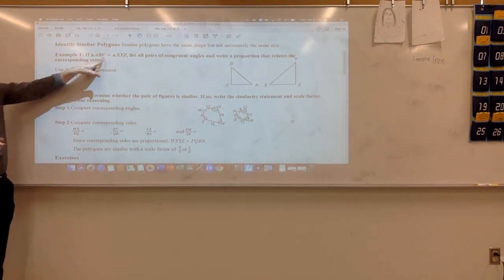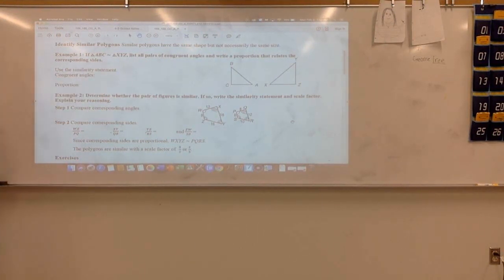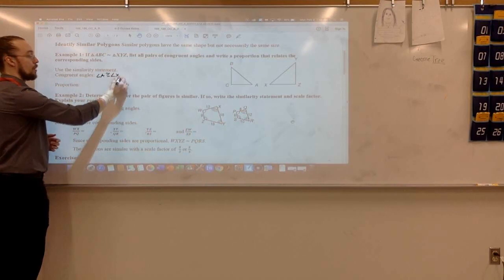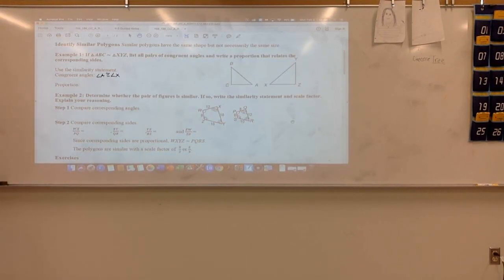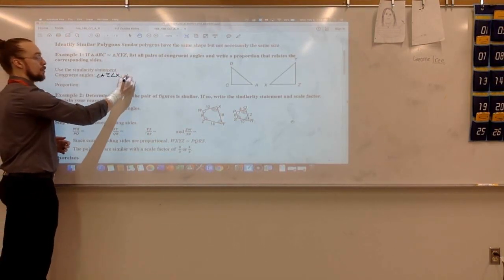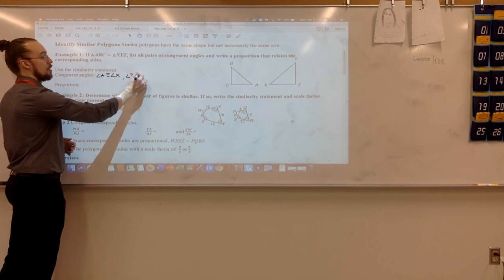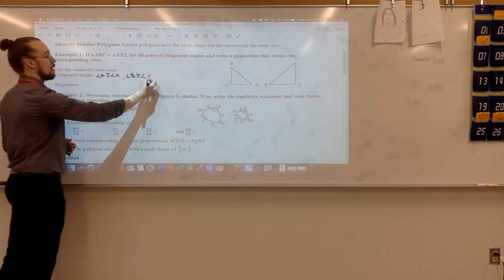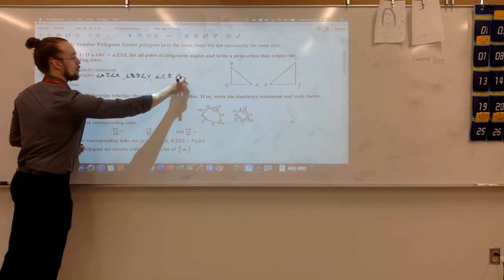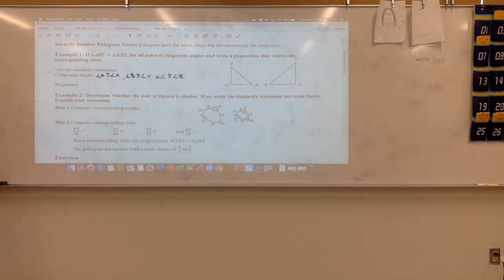We can say, just from this statement, that angle A is congruent to angle X. Two figures are similar, the angle sizes stay exactly the same. Then we can say angle B is congruent to angle Y, and angle C is congruent to angle Z.